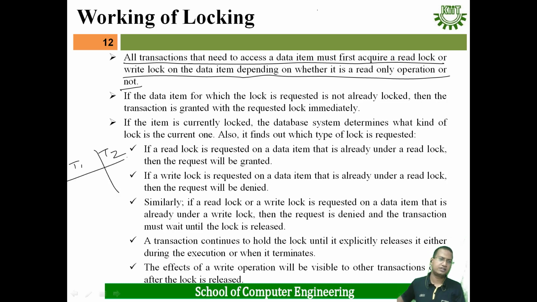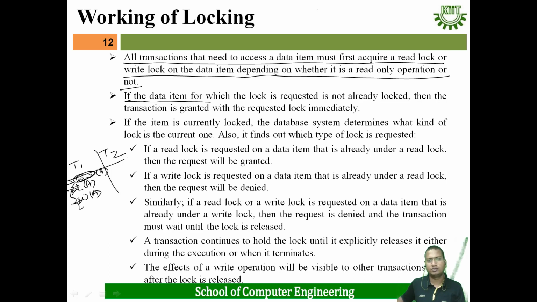Suppose T1 is doing a read A, write A operation on item A. Then before that, first it has to apply an exclusive lock, because a write operation is there. That's why it has to apply lock-X on A. Then only it can do the operations. Based on the instructions, first the T1 transaction has to apply a lock on the data item. Then only it can execute other instructions.